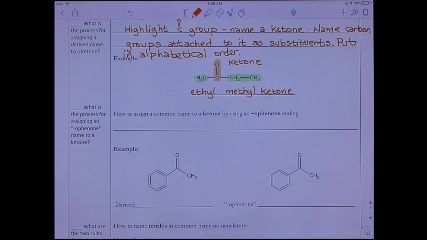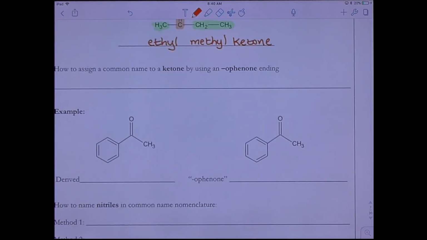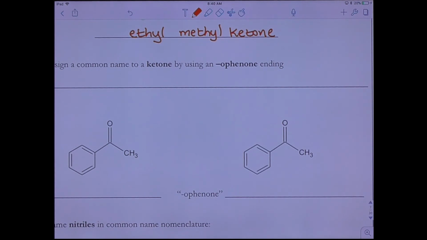All right, and then lastly, for common name of ketones, there's the, I don't know what it's called. I call it the O-phenone method, just because that's the ending for it, and I have no other guess of how to describe this as a common name method. You're going to use this only if you see a benzene ring there. Which is sometimes called a phenyl group.